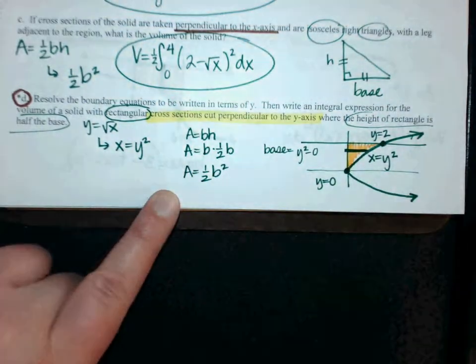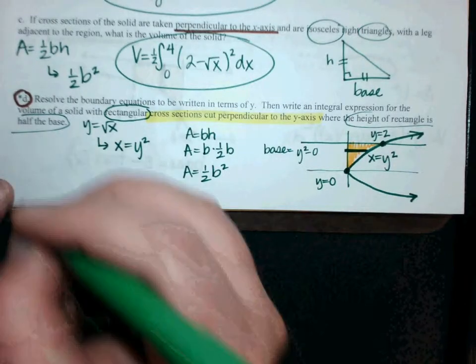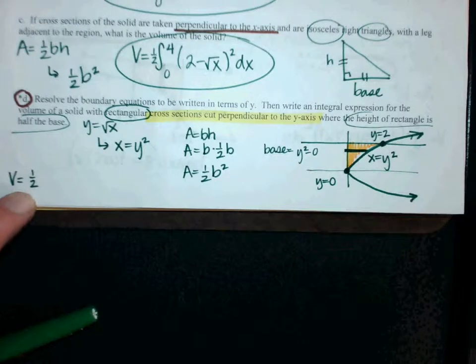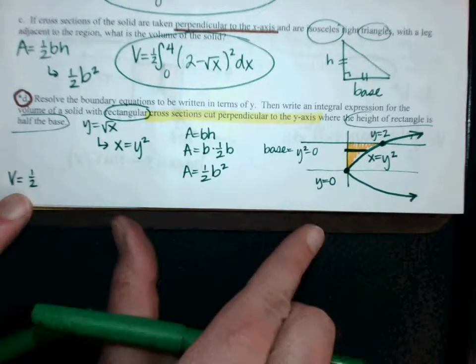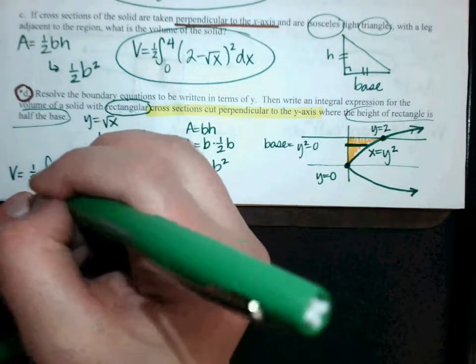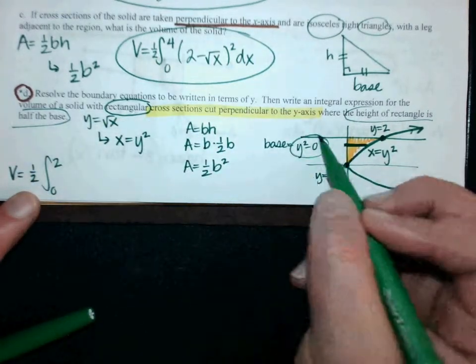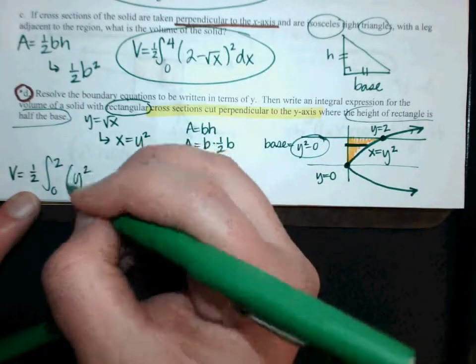And then to turn that into volume, I'm going to integrate my area formula. Remember, the 1/2 can go inside or outside. What are my y values for my boundaries? 0 to 2. And then if it's b squared, that's going to be y squared squared.